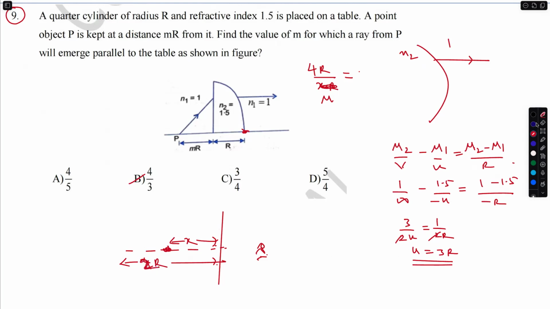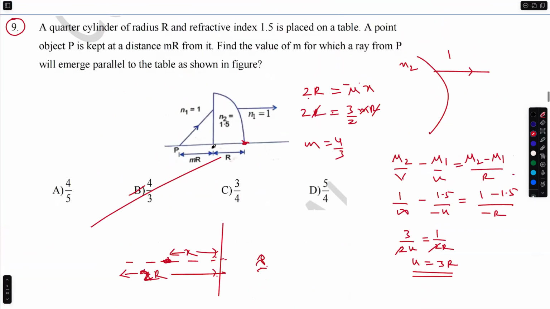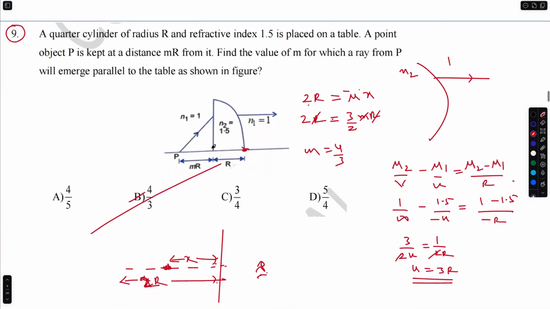So if I am observing it, 2R is mu x actually. 2R is 3 by 2 mr. R and R cancel. m is 4 by 3. Done. So you should start in the reverse direction.